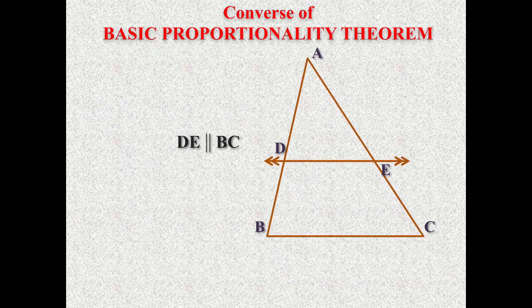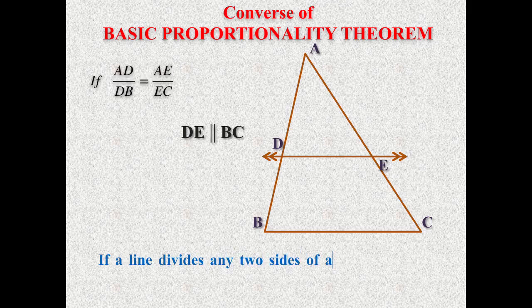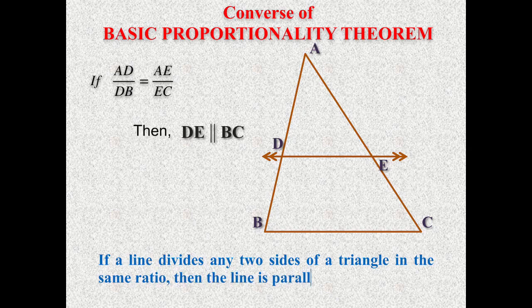So the converse of the basic proportionality theorem, which says that if a line divides any two sides of a triangle in the same ratio, then that line is parallel to the third side of the triangle, is proved. And there is another method to prove this converse, and that is by using similarity of triangles.